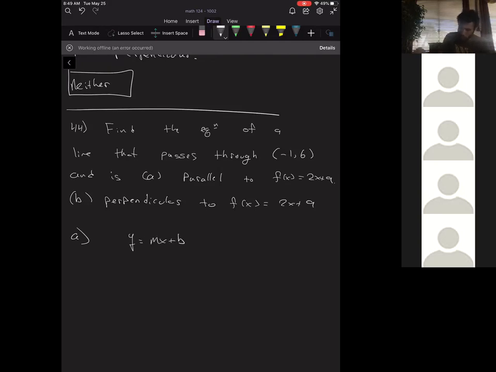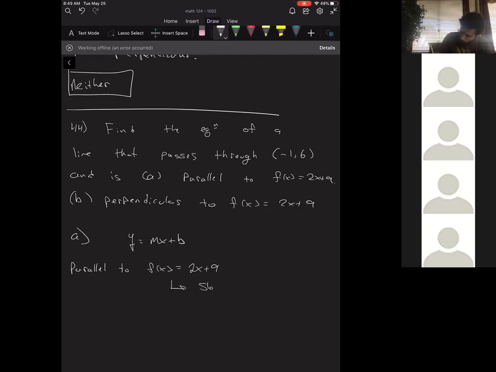So let's first find the slope. So we need to be parallel to this line. Notice that this line's already in y equals mx plus b form, so we can easily see that the slope of this line is 2.